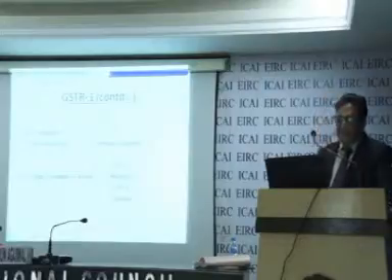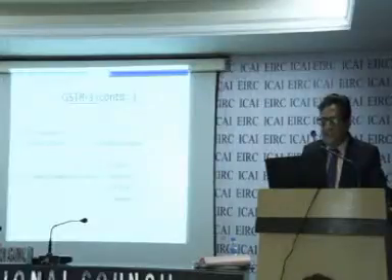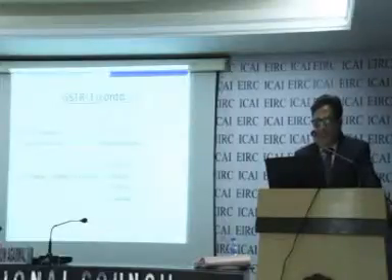Then, if there is any surplus ITC balance, you can either carry forward this surplus ITC balance or claim refund on a quarterly basis. So that also is there. And then the quantity of goods supplied under GSTR 3 and GSTR 8.